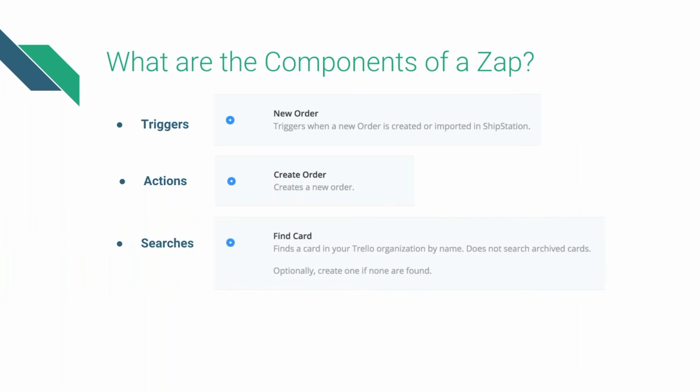Searches are actually very powerful. Searches are a way for us to look up whether there's something already in that other system. Let's say you want to create an order, but you want to check to see if the order already exists, or you want to mark something as shipped or send an item to a customer, but you want to check to see if it already exists. A search allows us to look for that item, and if it exists, do something with it.